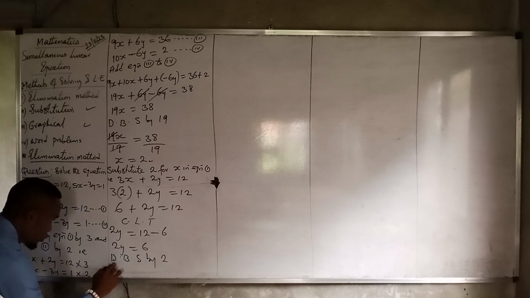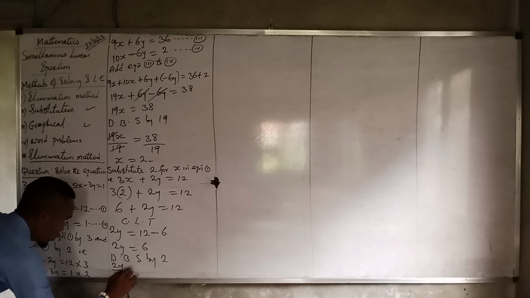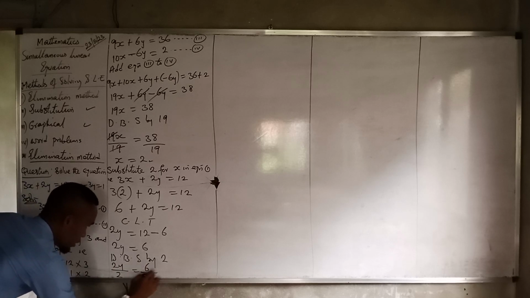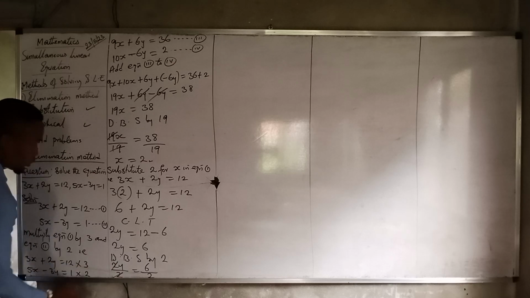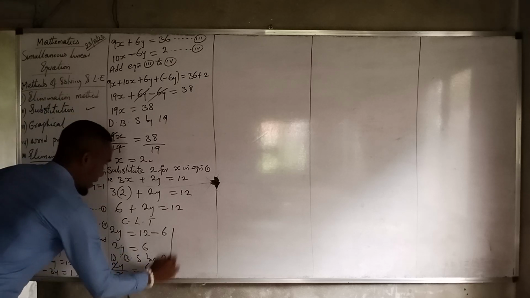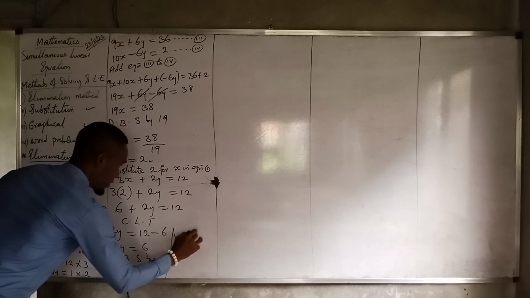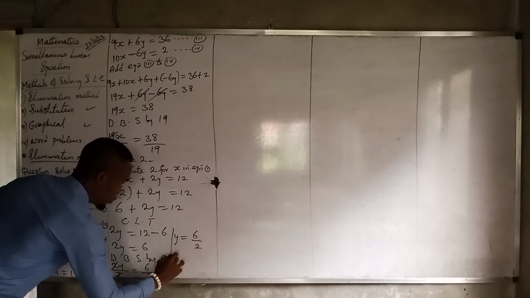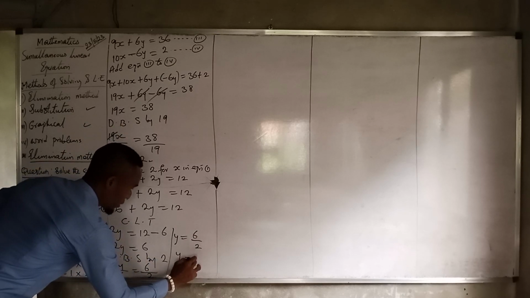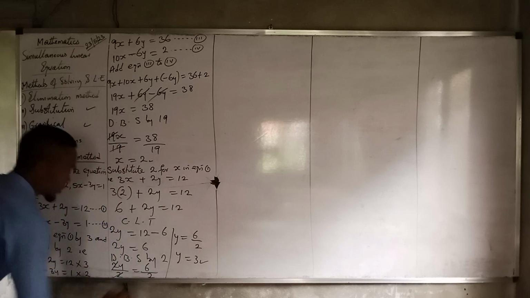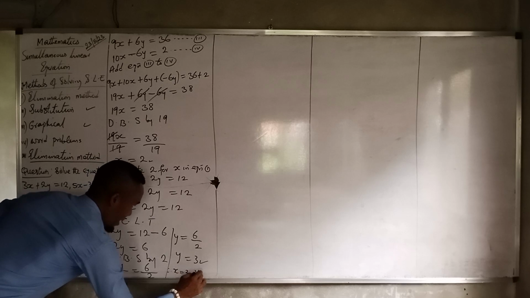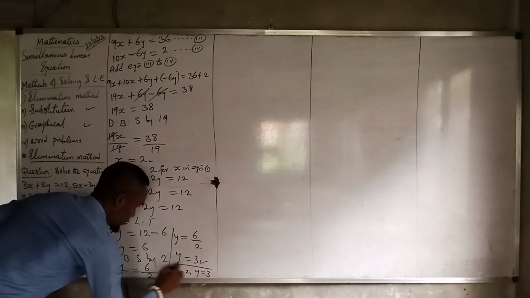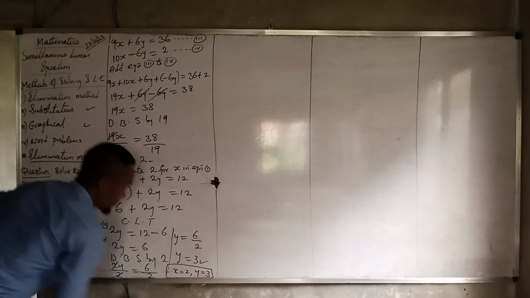So it means my 2y all over 2 equals 6 all over what? 2. The 2 cancels 2. And left with what? y equals 6 over 2. Means my y equals what? 3. So therefore, my x is 2, while my y is what? 3. And so those are my answers.